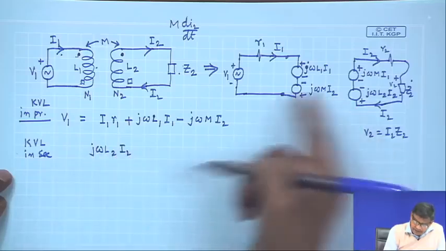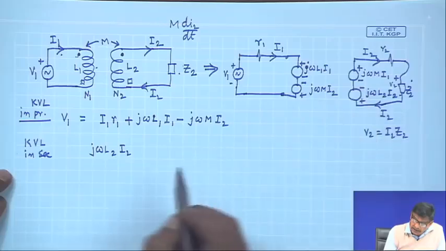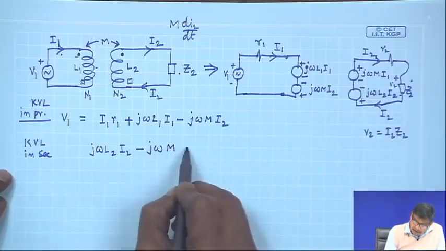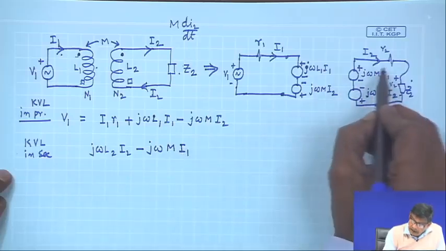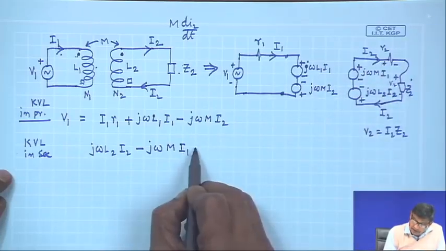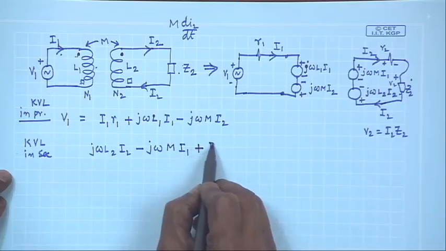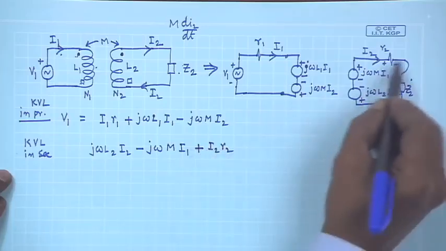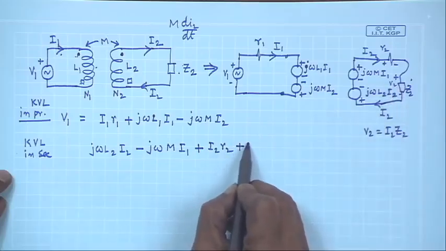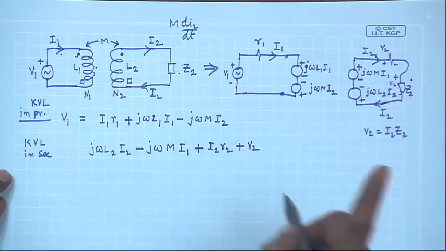So, plus to minus I am writing plus. Then I must write j omega M I 1, and this drop is also plus to minus, that I am writing plus I 2 R 2, and this plus to minus V 2.